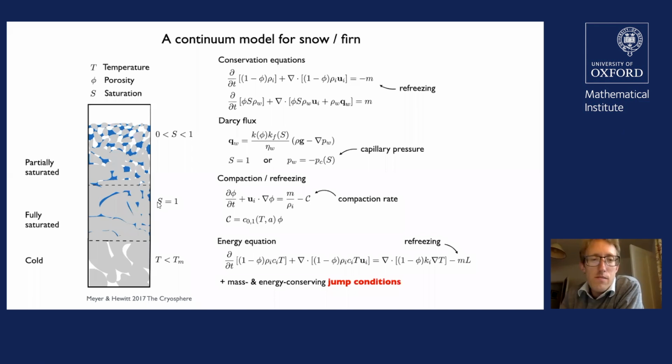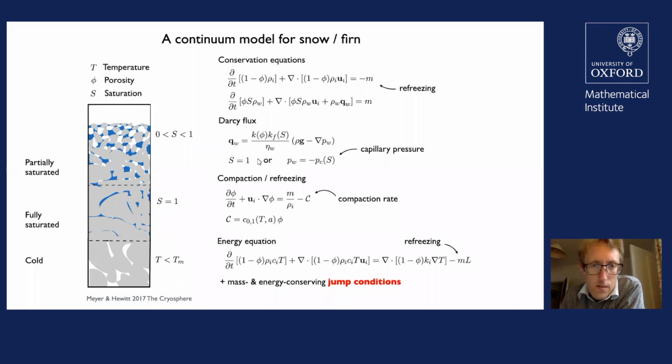We have to distinguish regions where it's saturated and where it's partially saturated. So actually this water pressure here is the capillary pressure where it's unsaturated or partially saturated, and it's something that we have to solve for where it's saturated.